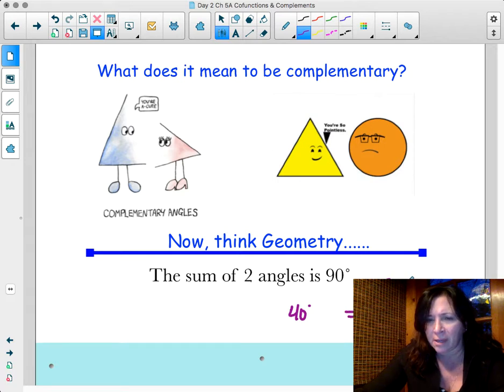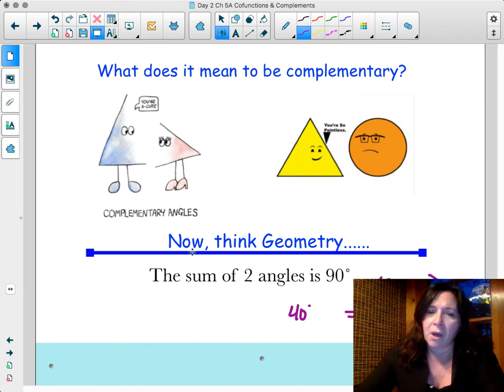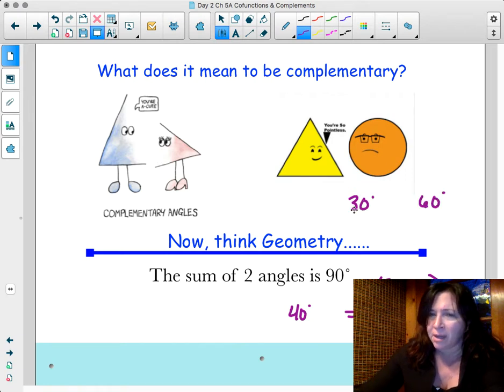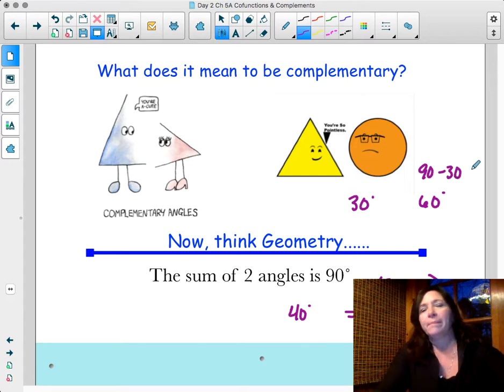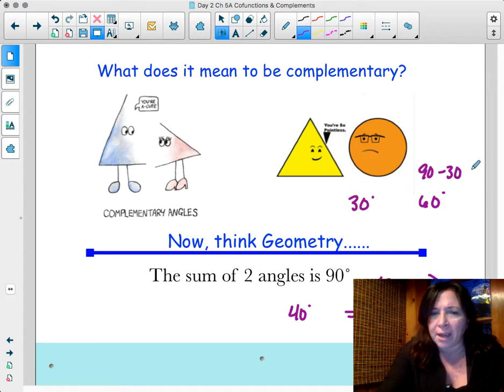It would be 90 minus 40, which is 50. Complements, again, let's say I'm thinking of a 30-degree angle. Its complement would be 60 degrees because 60 is what 90 minus 30 is. So those are complementary angles.